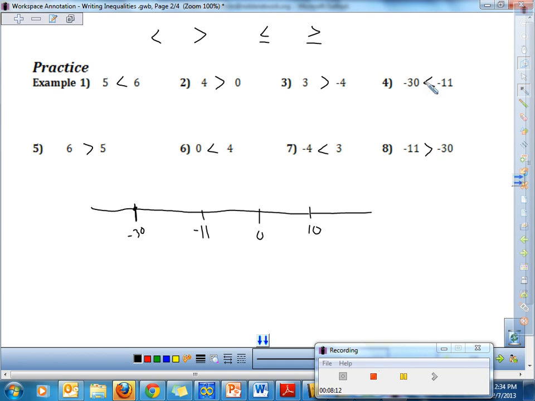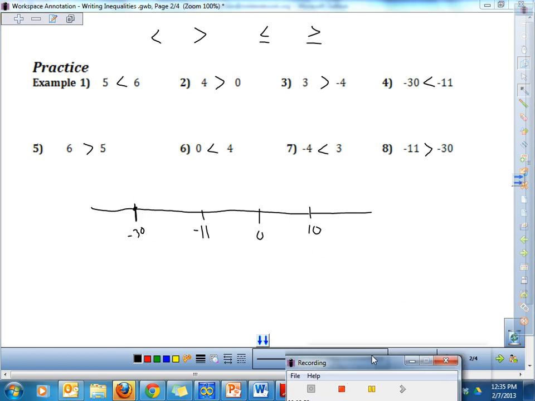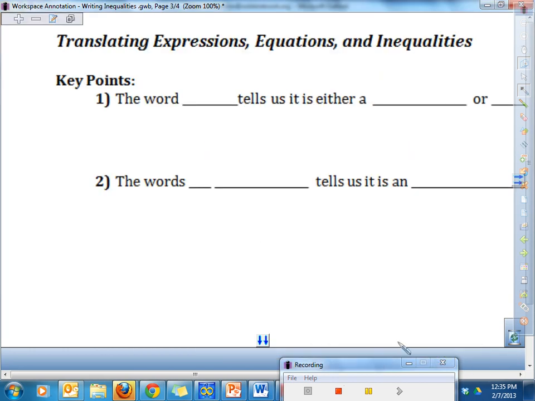Negative 30 is actually less than negative 11. An easy way to think about that is to think about temperature. If you had the choice of it being negative 11 or negative 30 outside, which one would you rather have? Probably negative 11, because negative 11 is warmer than negative 30, or bigger than negative 30. So remember, the bigger the negative number, the smaller it actually is. Alright, so let's do a couple of examples.